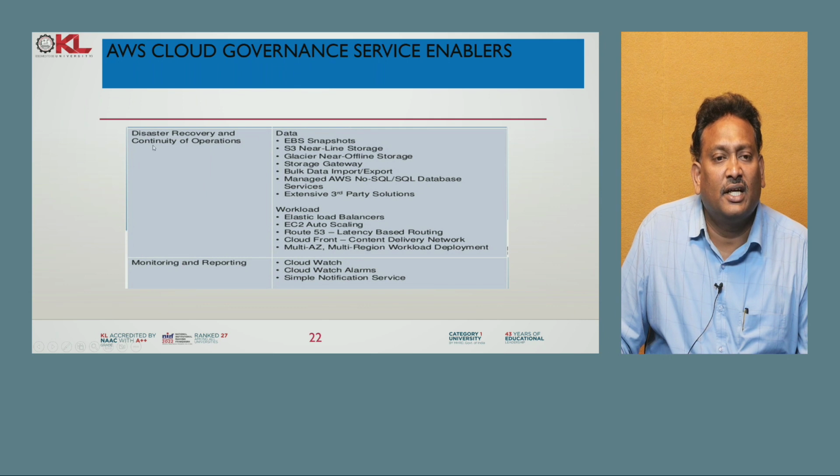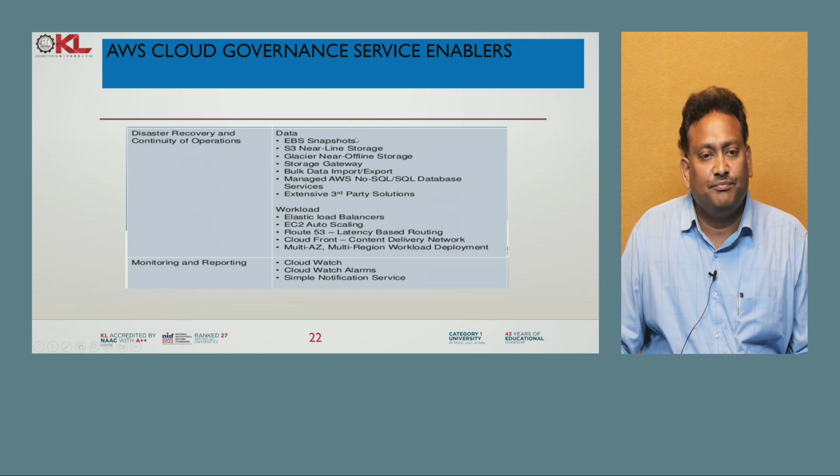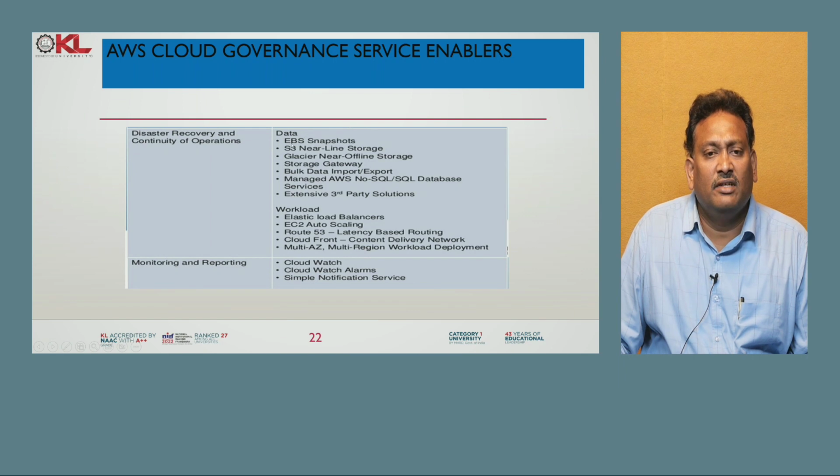For disaster recovery and continuity of operations, we have EBS snapshots for recovery of data during disaster time, S3 near-line storage, Glacier near-offline storage, storage gateway, bulk data import or export, managed AWS NoSQL or SQL database services, and extensive third-party solutions.